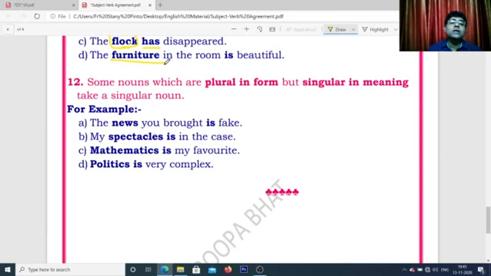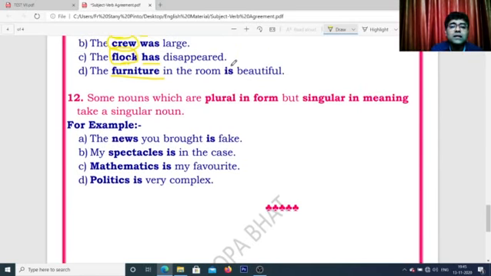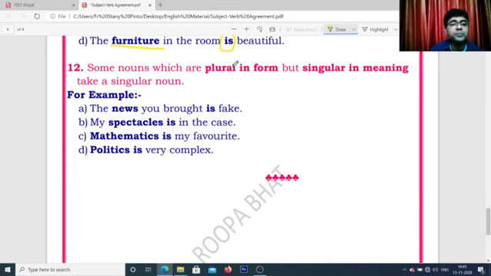All together we call it furniture, though many, but still we call it singular furniture, hence it is beautiful. One more example, let's see, the scissors. It has got 2 blades, so it is always called scissors. So scissors are brought or scissors is brought. Find out, you will understand.